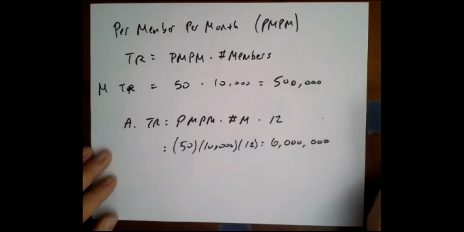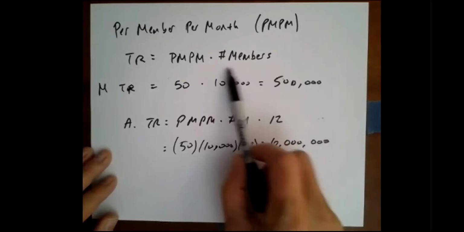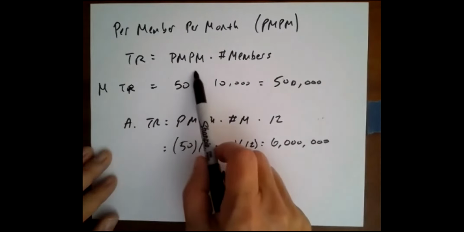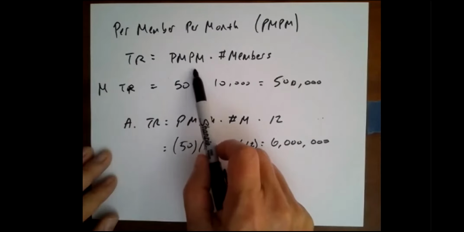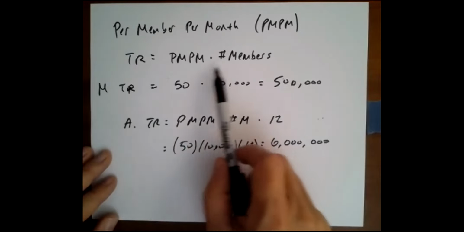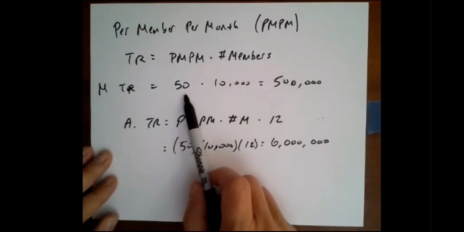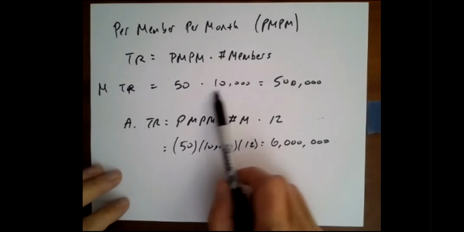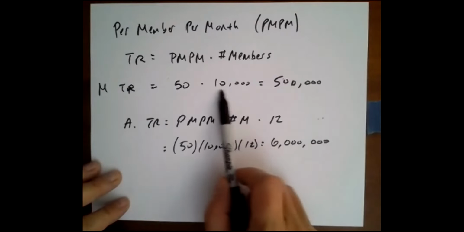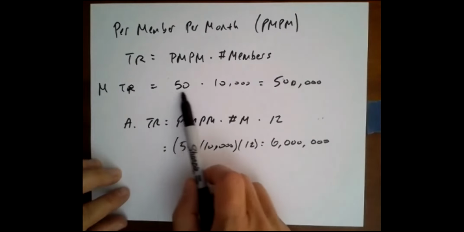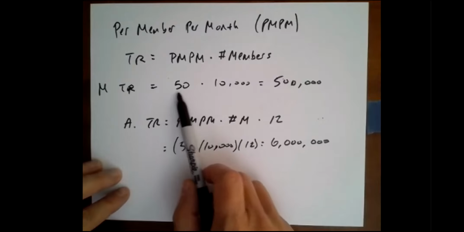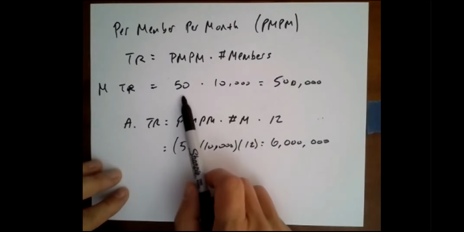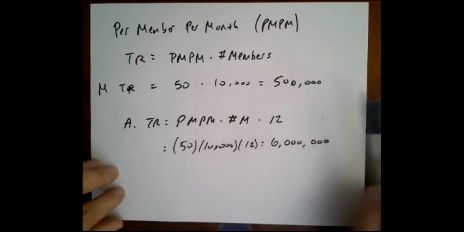Whatever services they need, we'll provide to your members for a fixed payment per member per month, right? So in this case, we're agreeing to provide some set of services to 10,000 members for a price of $50 per month. And if you wanted a per member per year, PMPY, you just take the per member per month times 12.